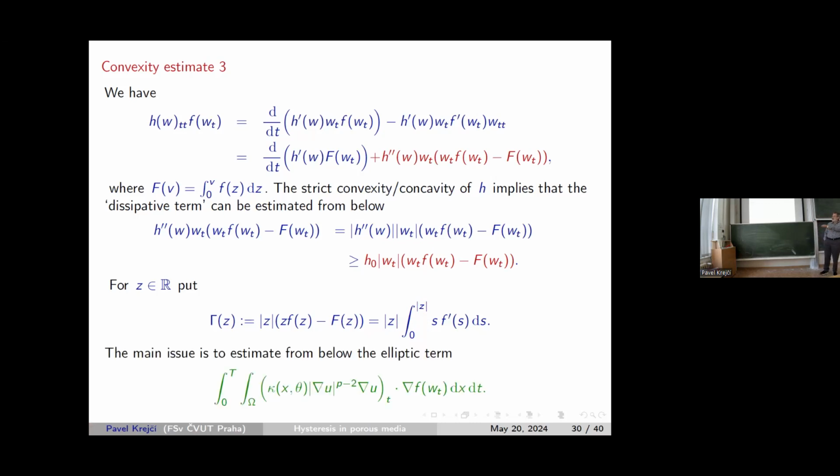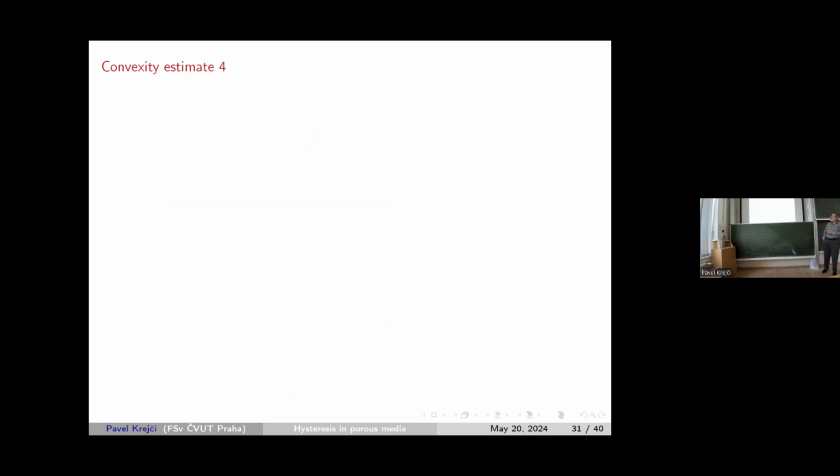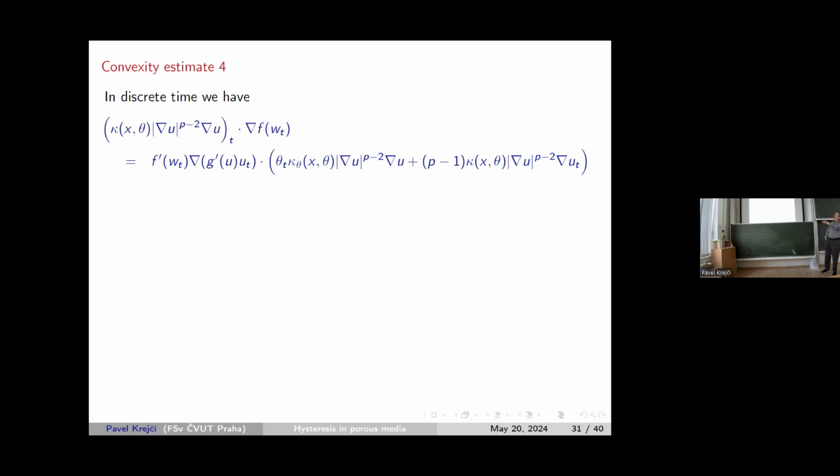Now, we have to estimate the elliptic term, the flux term. Again, in general, w is G of u. So w_t is G prime of u times u_t, times f prime of w_t. This is the gradient of f of w_t, and this is everything that is the time derivative of the expression in the parentheses.